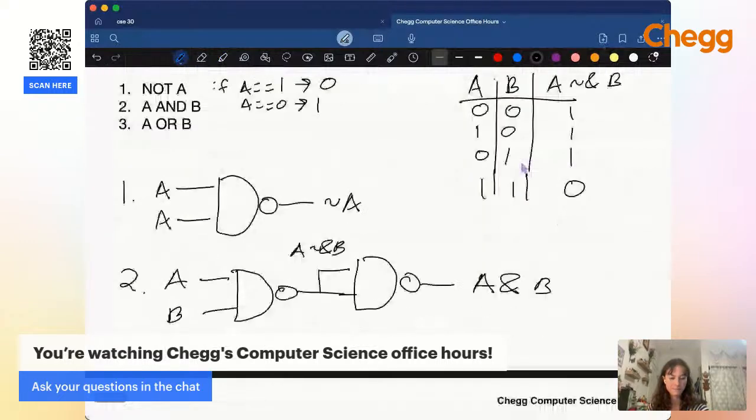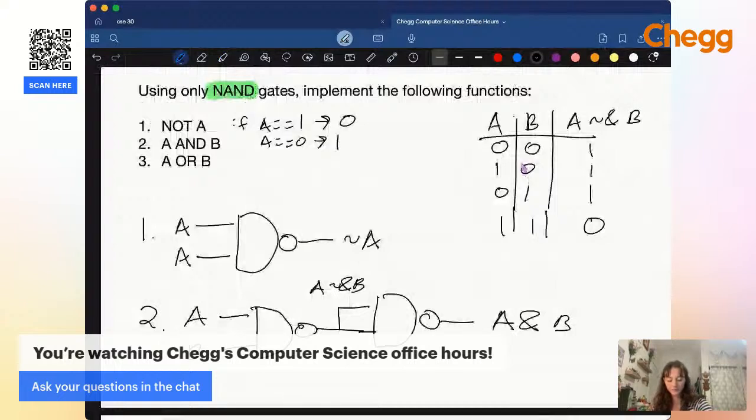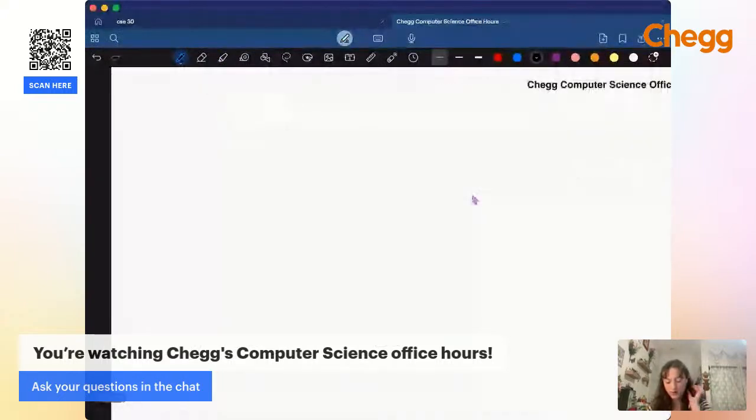Okay, and the last one we're going to do is A or B. So A or B, we want to return true if one or the other is true, right? So this one's a little bit more tricky. So I'm going to write it like this. And if you're taking these classes, you've probably heard of De Morgan's law.